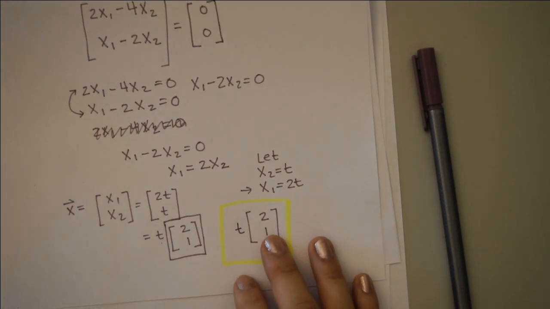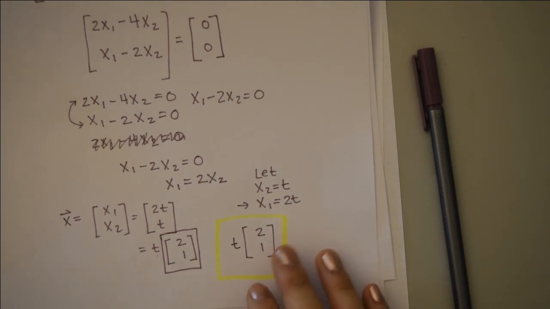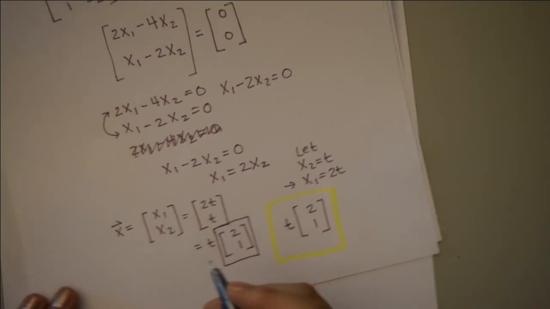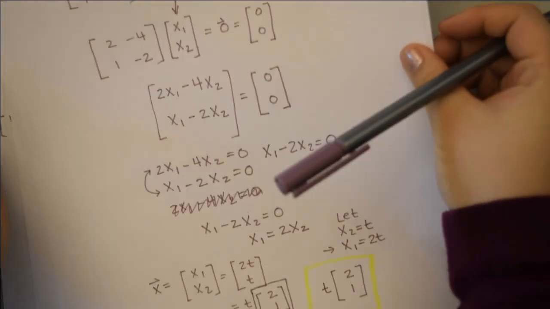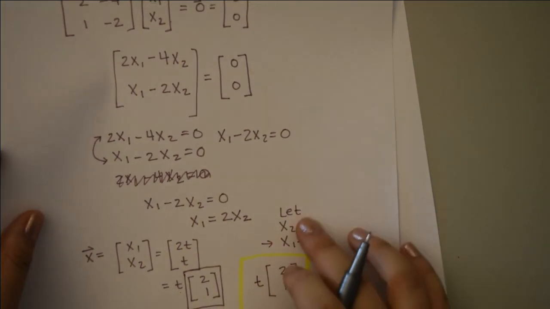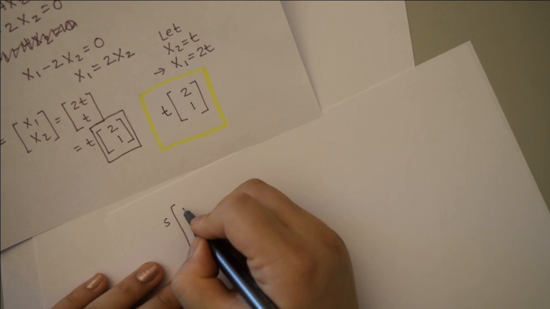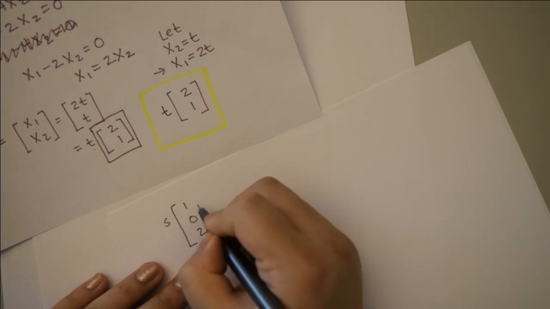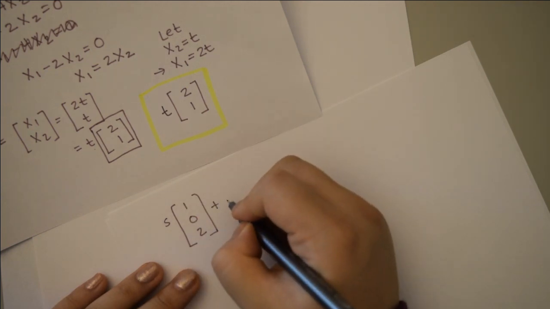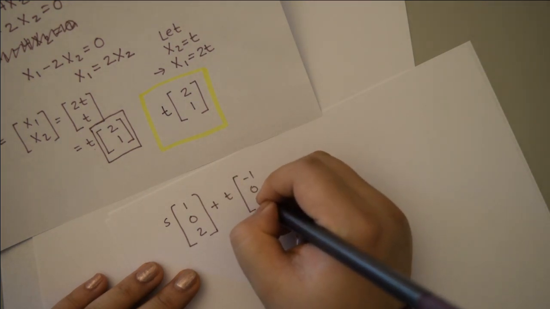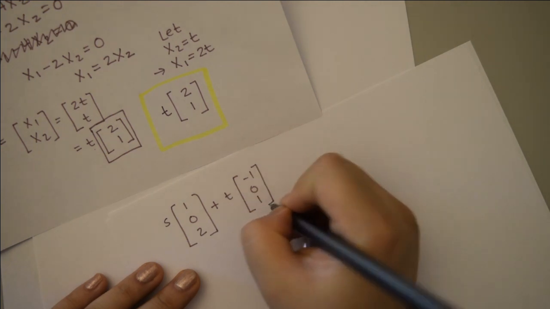But this is the 2 by 2 case. So sometimes, like in 3 by 3 cases, you'll get two parameters here that you'll need to put in. And so you'll get something like s times, I don't know, 1, 0, 2 plus t times -1, I don't know, 0, 1 or something like that.